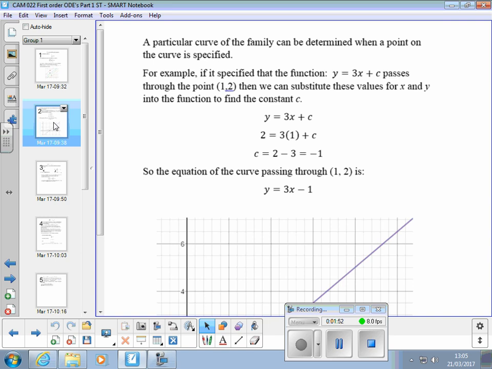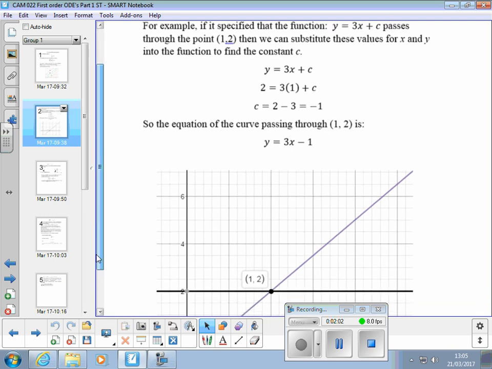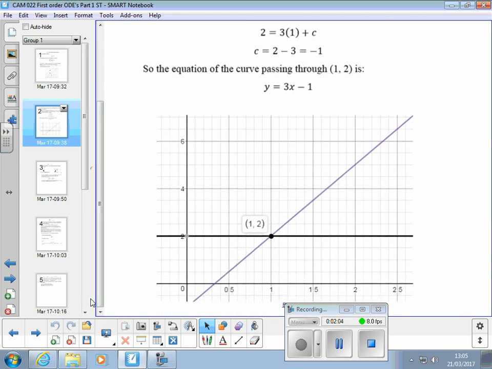So we've put in x is equal to 1, y is equal to 2, rearranged that equation, and found that the constant c is equal to minus 1. Then we can plot that particular member of the family of curves of y equals 3x plus c, the one which crosses through the point 1, 2. Yep, all okay with that so far?